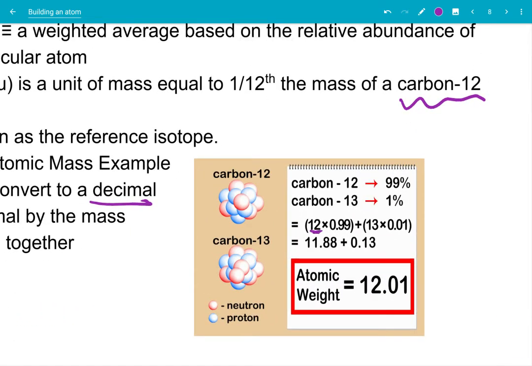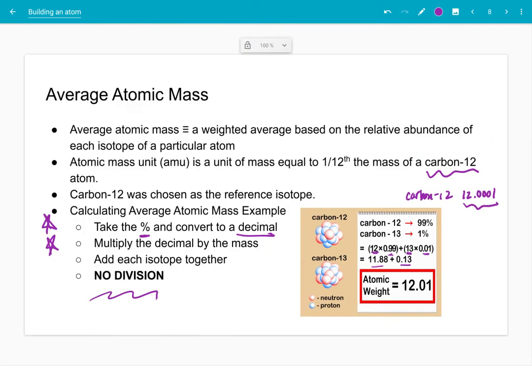Here are my masses, and here are the percents as decimals. Now, if they give you data, let's say 12.001 or something, use the more detailed number in the calculation. Notice that these were then added together after being multiplied by that decimal.